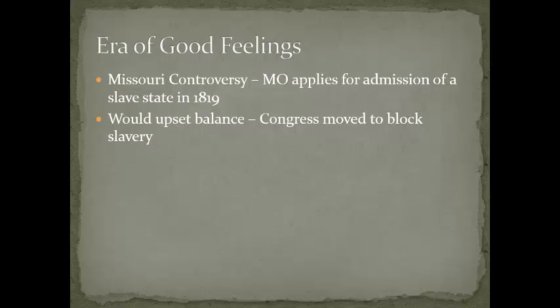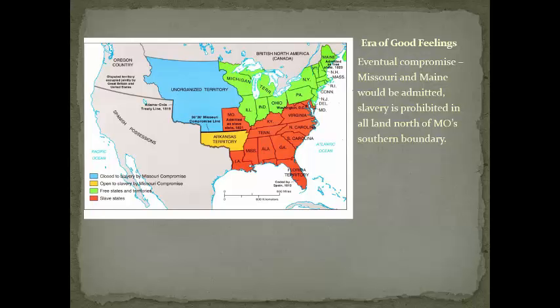Well, eventually, we do come to a compromise. The Missouri Compromise says that Missouri would be admitted along with the new state of Maine, and that would keep the balance. Moreover, it also tried to answer the question of what are we going to do in the future. So what they said was, all land north of Missouri's southern boundary would be prohibited to slavery.